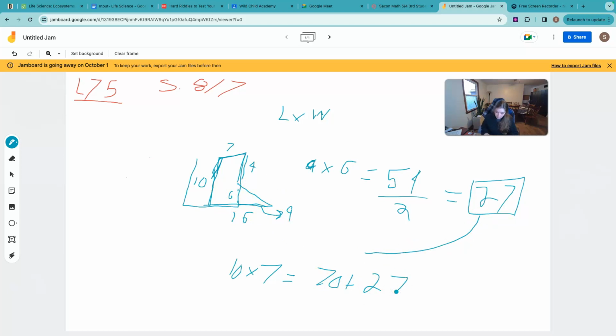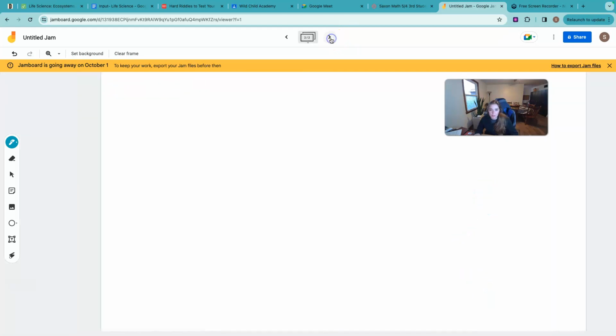So we get 70 plus 27 equals 97. And that would be 97 squared because we're talking area. If our dimensions were in millimeters, we would put 97 millimeters squared. And that's the area of that complex shape. So you break it down into parts that are easier to find the area for.